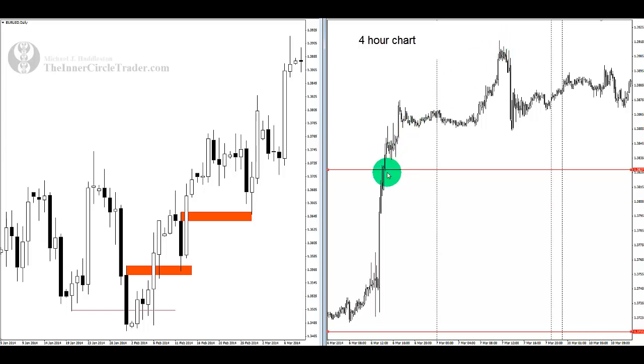Taking $8 off per pip here, leaving that last 20 on, getting out at 139, big figure, explosive, huge move. You're looking at 400 pips or so in terms of the overall price move.